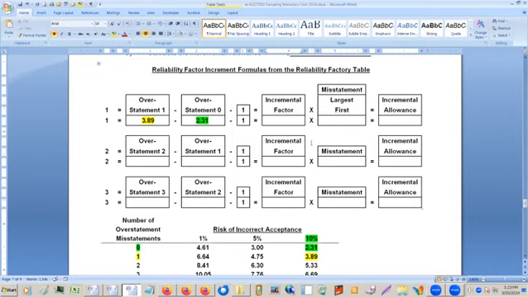And yes, we should just have a table for that, but it's 0.58. So this is our incremental factor.